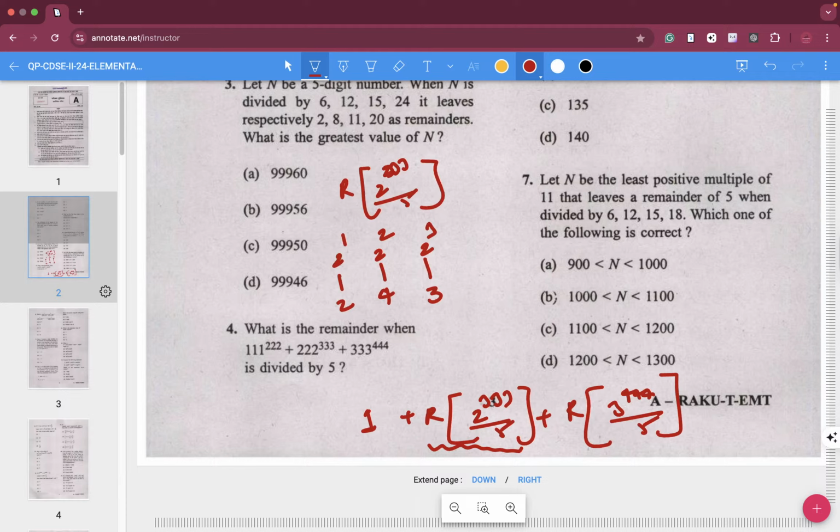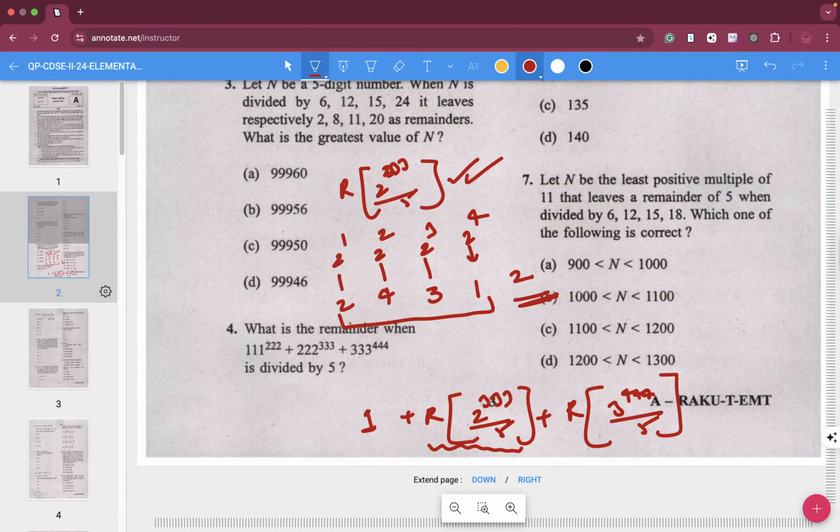Now 2 raised to the power 4, which is 16, divided by 5 gives remainder 1. The next one will be again 2. So after these 4, the remainders repeat, and the cyclicity for this expression is 4.